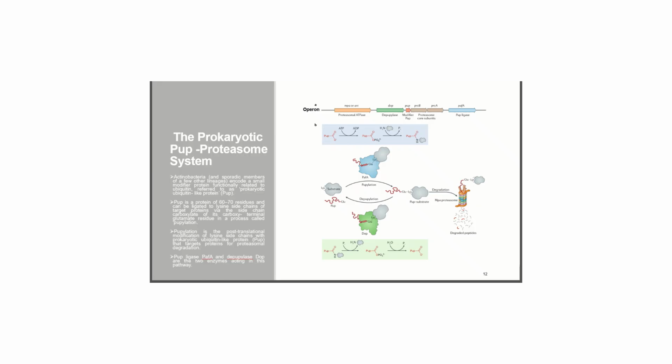That means the lysine that is found in the carboxyl terminal, and also the glutamate residue, in a process called pupylation. So pupylation is the process of post-translation modification that tags proteins for degradation. But the signal for this system is the presence of lysine and glutamate residues in the amino acids.